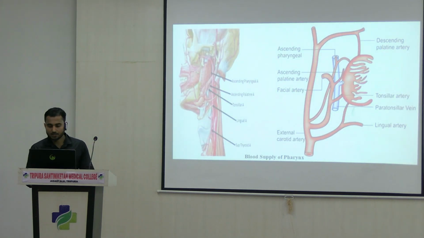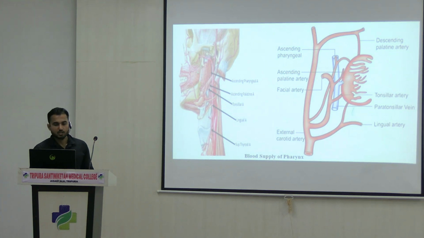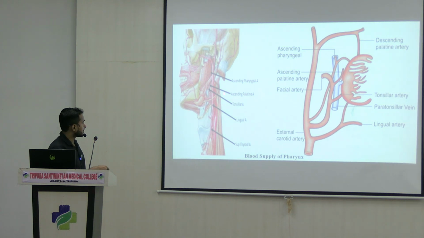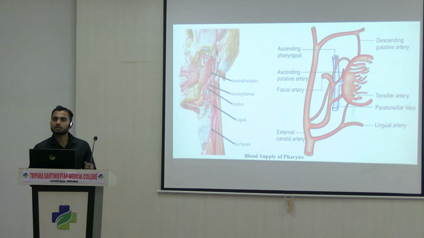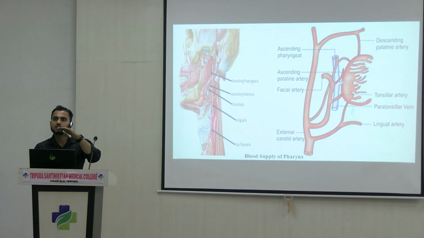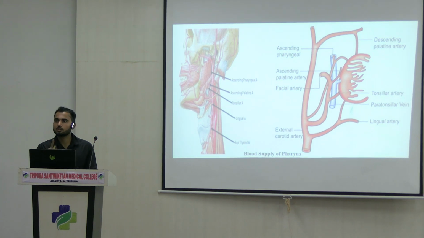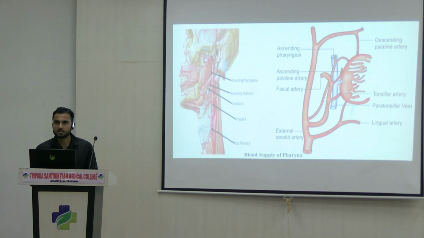Here is the diagram. In this diagram you can see the blood vessels supplying the pharynx. You can see the ascending pharyngeal artery, the ascending palatine artery, the tonsillar artery and the lingual artery. So these are the main branches which are supplying the pharynx. Please note that the pharynx is a long structure, approximately 15 centimeters. So only one source will not be enough to supply the entire pharynx.